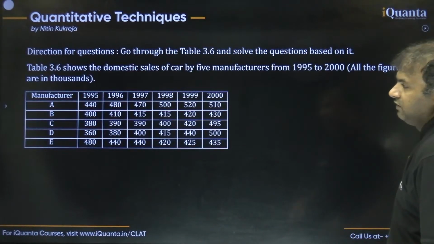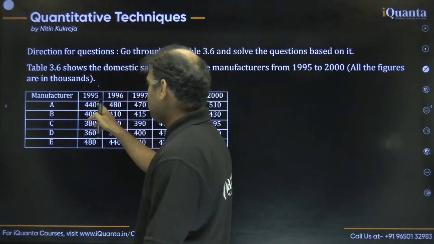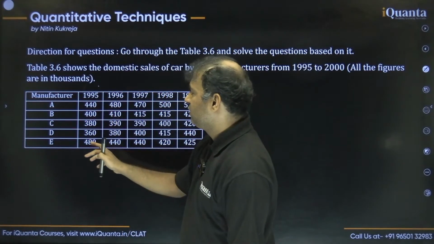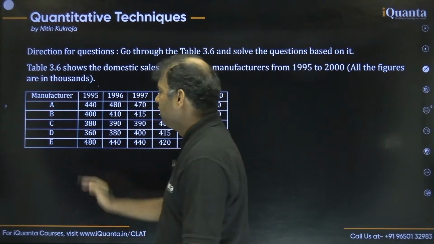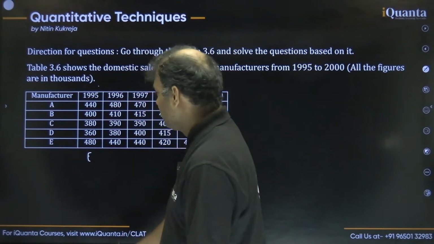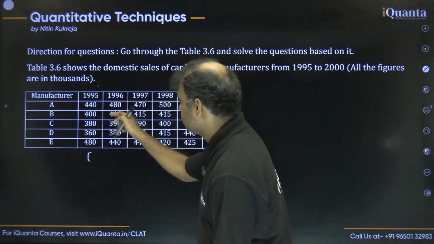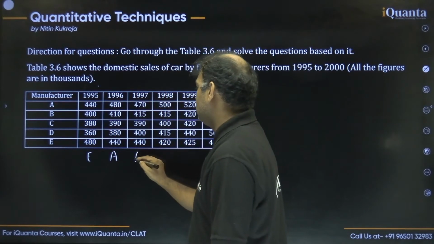So how can we do that? Look at this. In 1995, which manufacturer has the highest sale? In 1995, manufacturer E has the highest sales. In 1996, manufacturer A has the highest sales. In 1997, again manufacturer A has the highest sale.